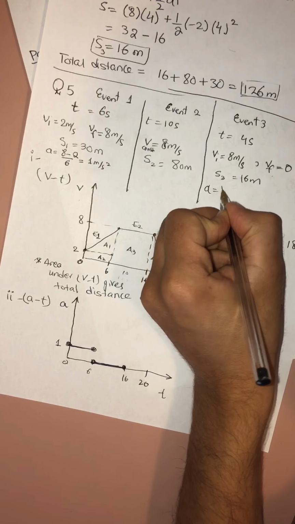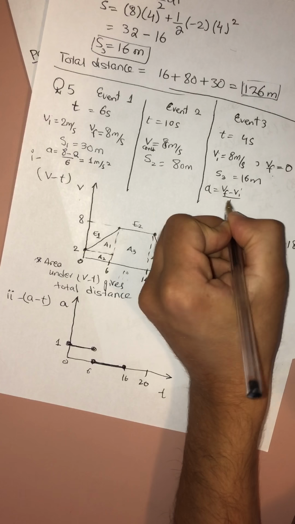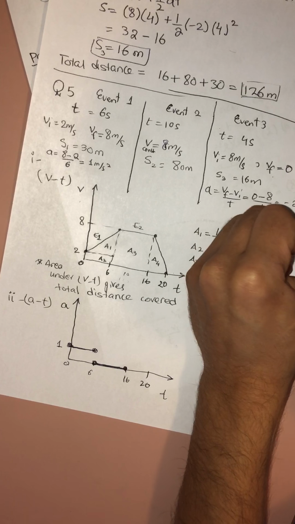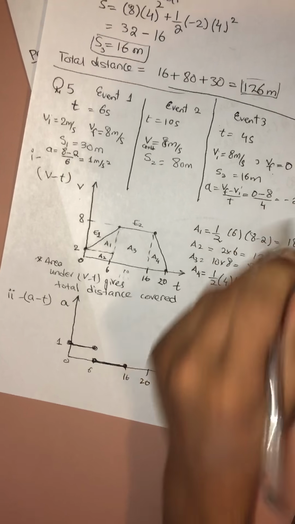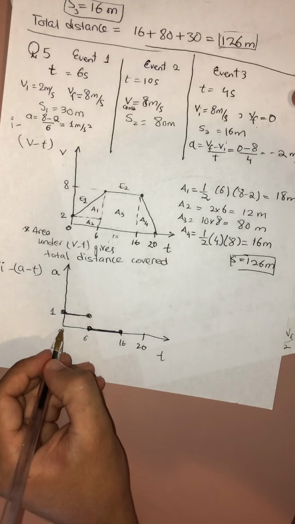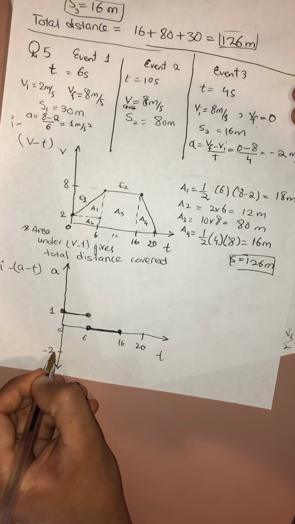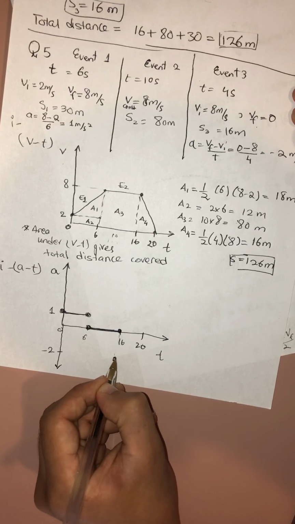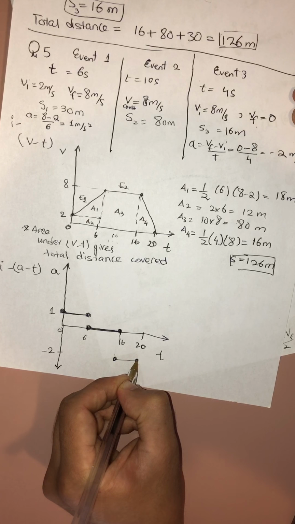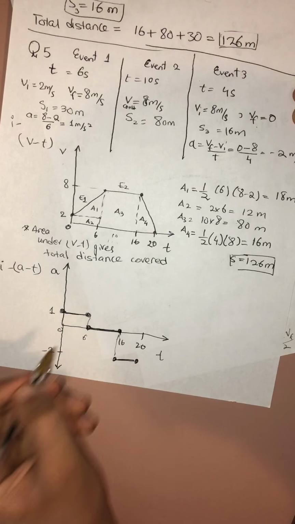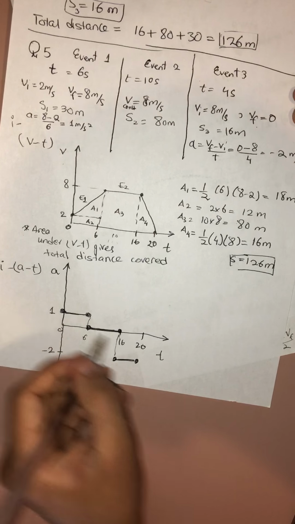So acceleration is Vf minus Vi divided by t, 0 minus 8 divided by 4, which is minus 2 meter per second squared. It is negative, so we extend the graph in the downward direction. From 16 to 20 we have a negative acceleration. So this is our acceleration time graph.